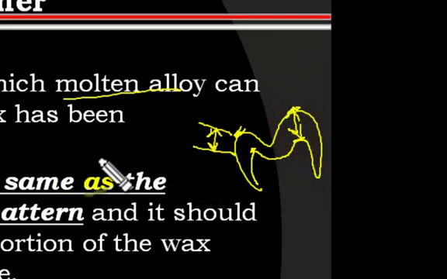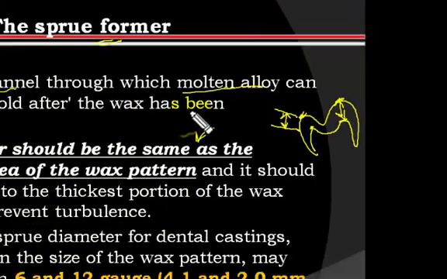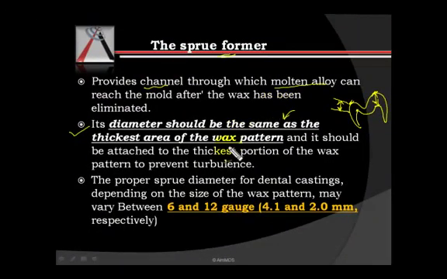So theoretically that is what is said, although practically a little bit less than the thickness of the wax pattern is acceptable. Now when we talk about sizes, 6 to 12 gauge is the commonly used size in dental casting, that is 4.1 to 2 millimeters. So that is about the thickness of the sprue former.